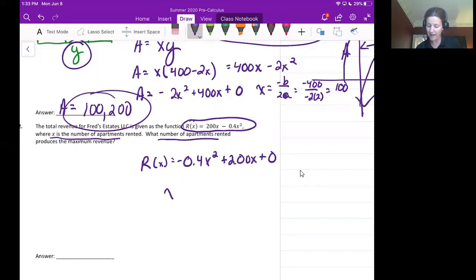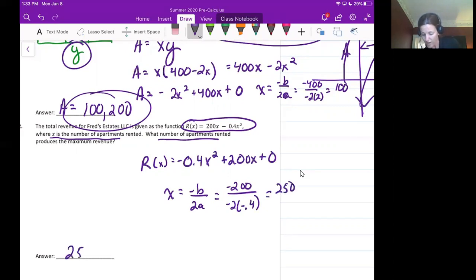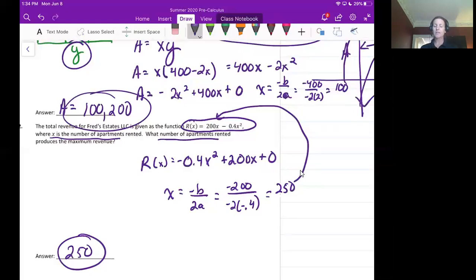And remember that x value is going to be negative b over 2a. So I get negative 200 over negative 2 times negative 0.4. And when I multiply that out, I get 250. So 250 is the number of apartments. If they asked me for the maximum revenue, then I would take that 250 and plug it in. So be careful there to make sure that you are reading correctly what they're asking.